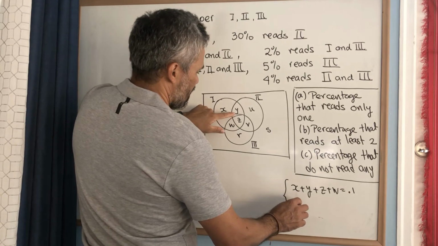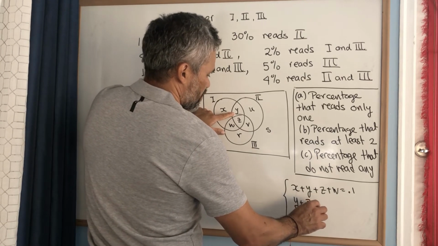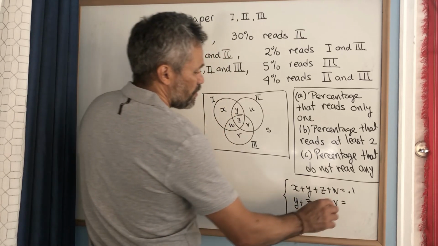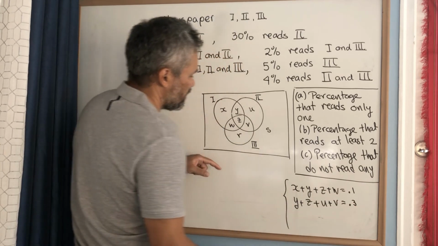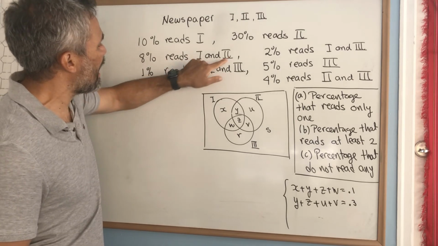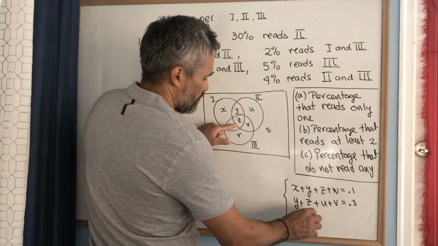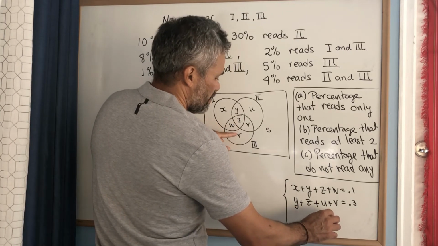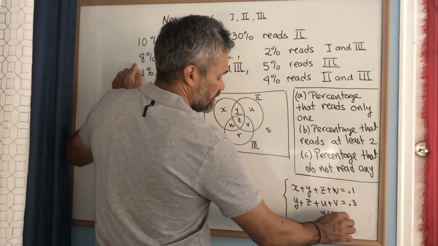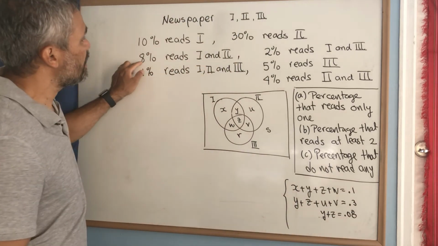Then that means that Y plus C plus U plus V is equal to 30%, which is 0.3. And we have 8% read 1 and 2. 1 and 2 is these two regions. Then we have that Y plus C is equal to 8%. This is 0.08.